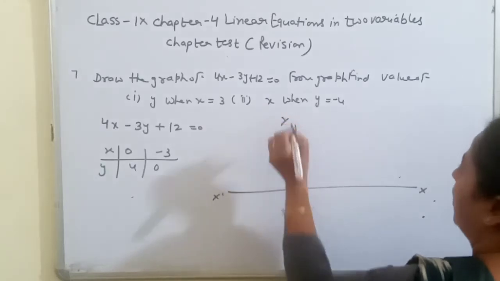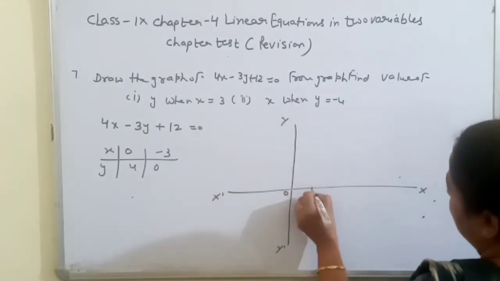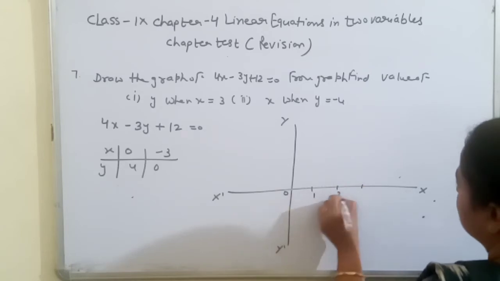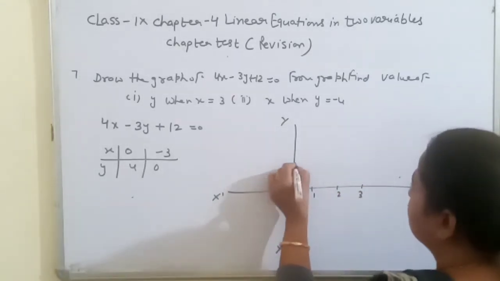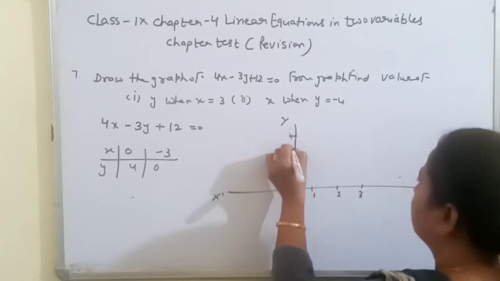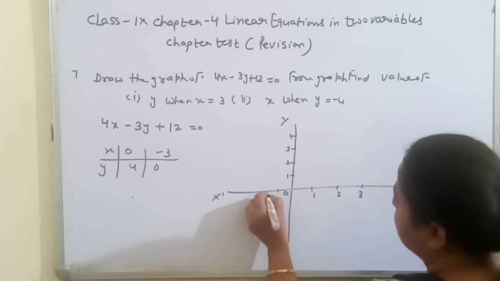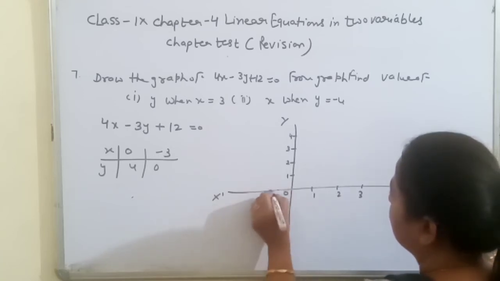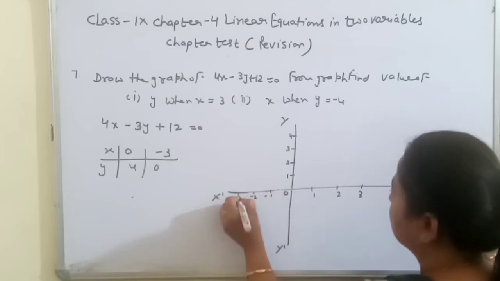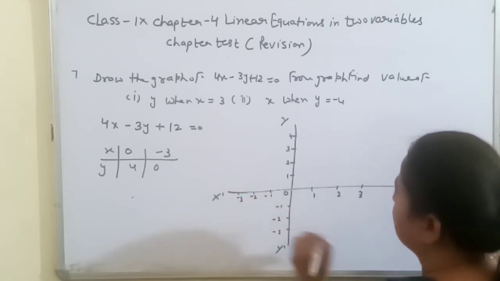X negative, y negative. Origin, 1, 2, 3 on x. On y, 1, 2, 3, 4. Negative side, -1, -2, -3.